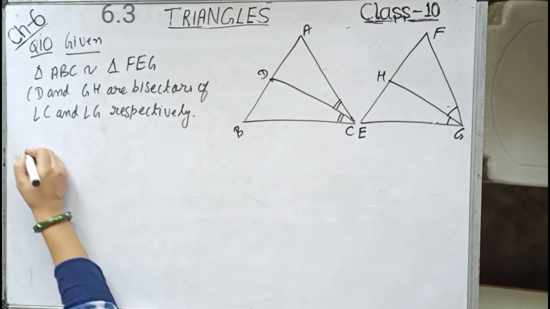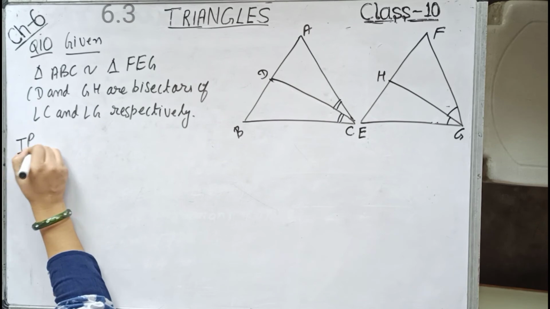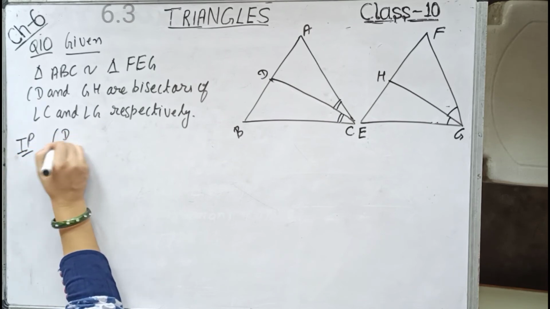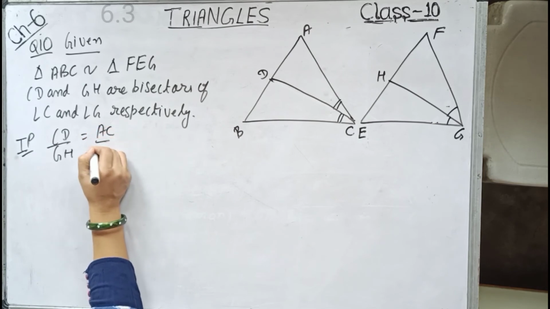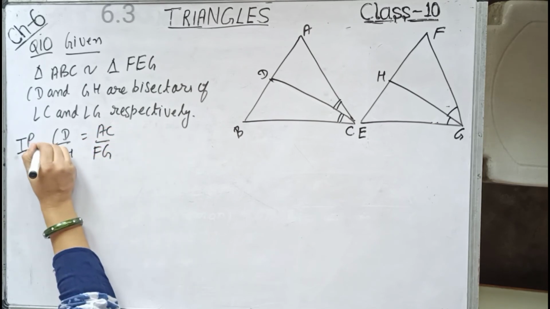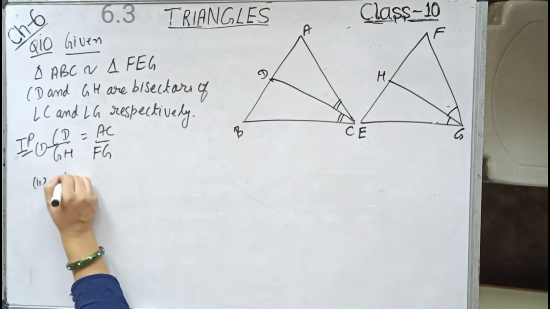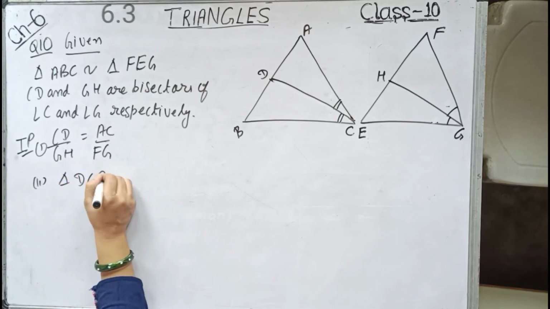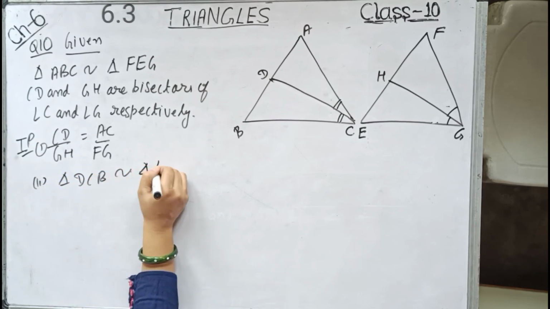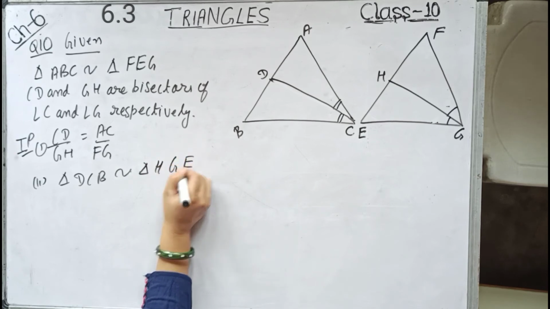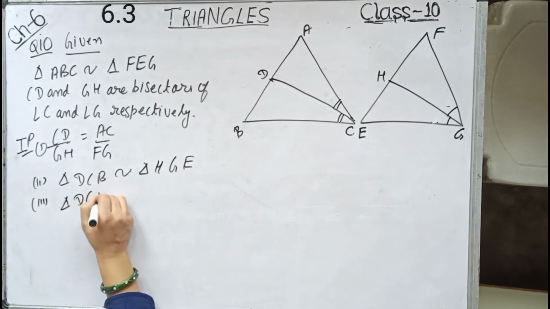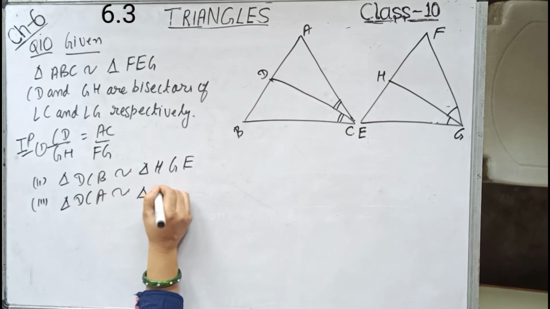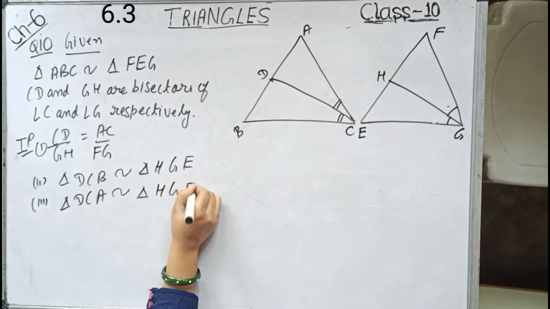So we have to prove that CD by GH equals AC by FG, triangle DCB is similar to triangle HGE, and triangle DCA is similar to triangle HGF.